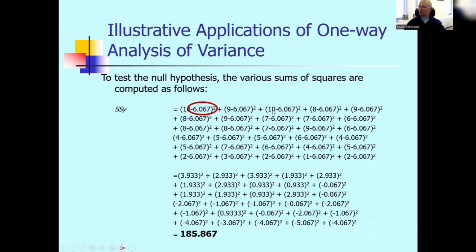Then the next one, 10, subtract the grand mean, 6.07, square that. We make this computation of difference with the grand mean, square it, and sum. The total of all these squared differences is 185.867.